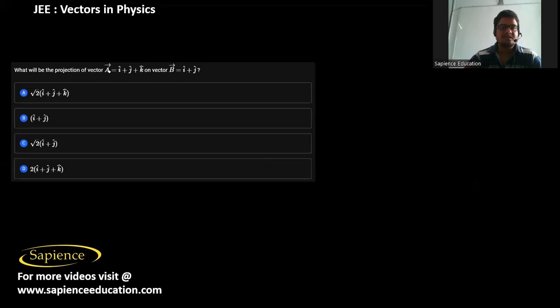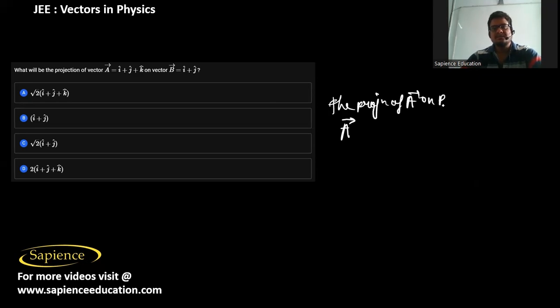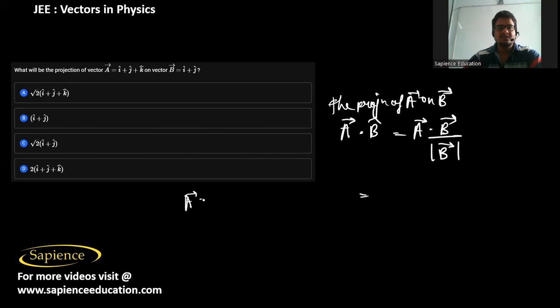And here it is told, what will be the projection of the vector A on the vector B? The projection of vector A on vector B is given as A vector dot B cap, so we have to do A vector dot B vector divided by the magnitude of vector B. Vector A is I cap plus J cap plus K cap, and B vector is I cap plus J cap.